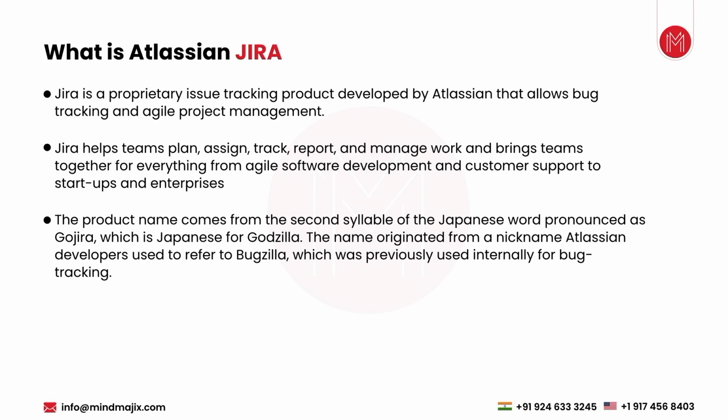It has been there for a lot of time, and right now this particular tool has made project management really simple, because you can do everything here. I mentioned that it is used to help teams plan, assign, track, report, and manage work, right? So you can do all these activities if you are using Jira Atlassian.